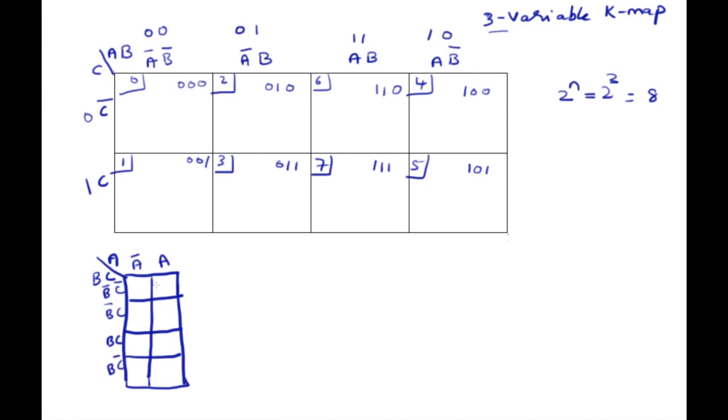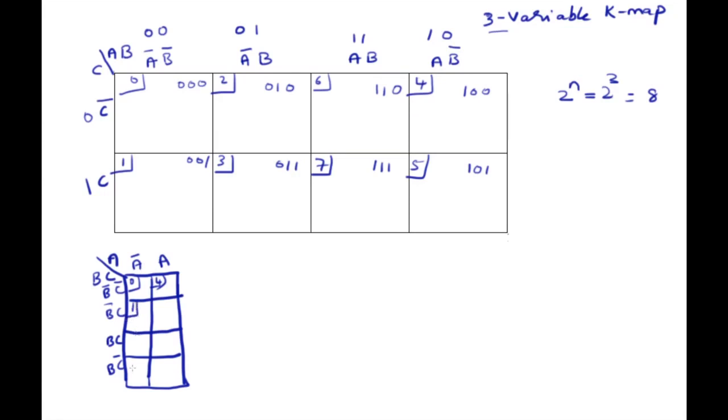So if you write in this way, you will get here 0 0 0. That means this is the 0th cell. Here you will have 1 0 0, which means this will become 4. Next 0 0 1 means this is 1.